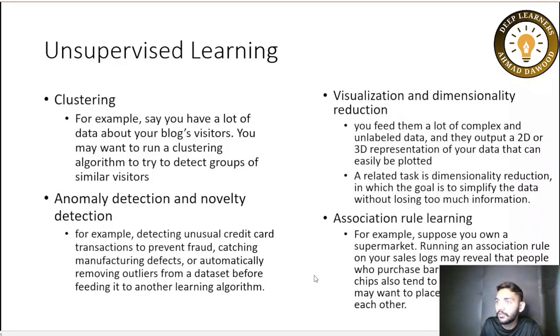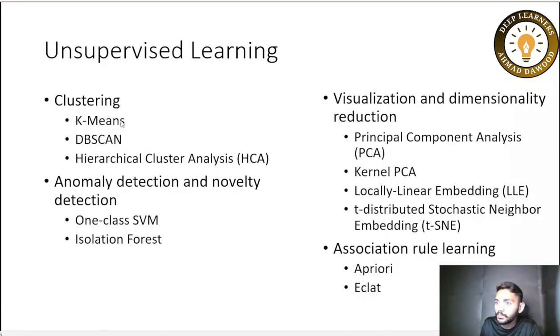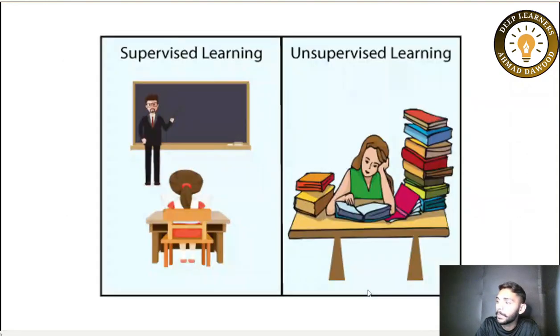So all of this stuff comes under unsupervised learning. There is no labeled data here. These are some of the famous algorithms: in clustering, k-means, DBSCAN, hierarchical. Normally these algorithms, one-class SVM, and for dimensionality reduction, PCA is very important, and you will also see it in later sessions. For association rule learning, the Apriori algorithm and the Eclat algorithm.